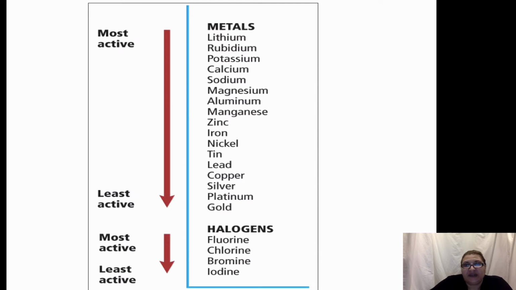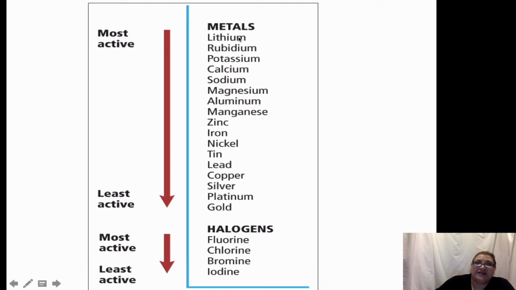One of the tables that is very important in this case, especially for replacement, helps you decide if one element is going to replace another or not. It's based on the location of it on this table right here. The higher it is, the more active; the lower, the less active.